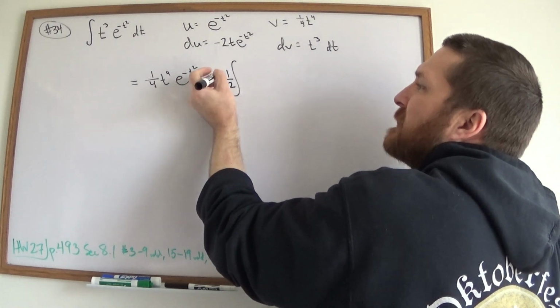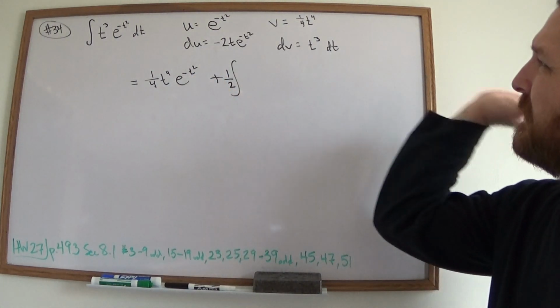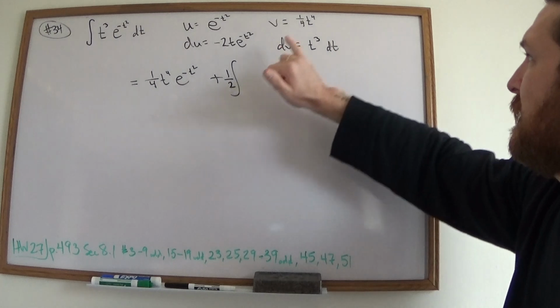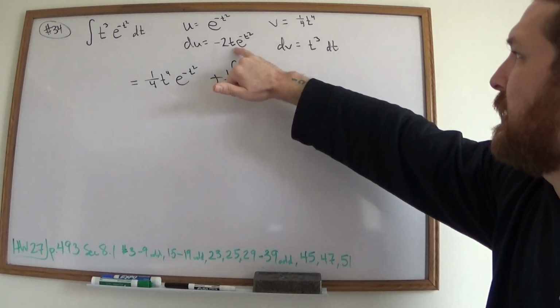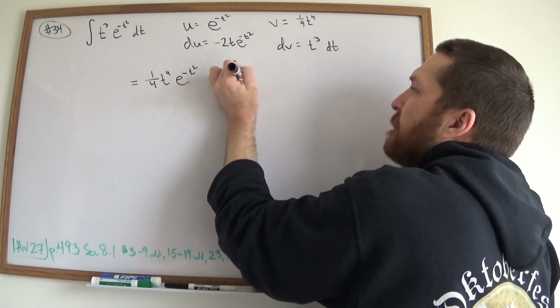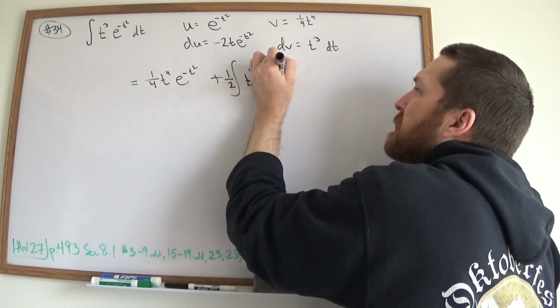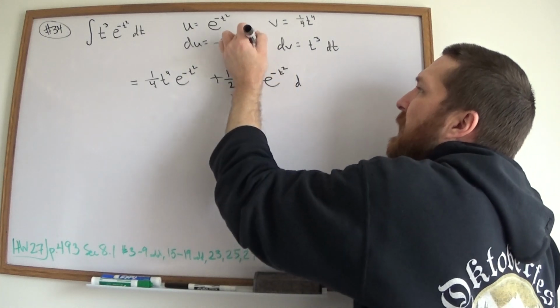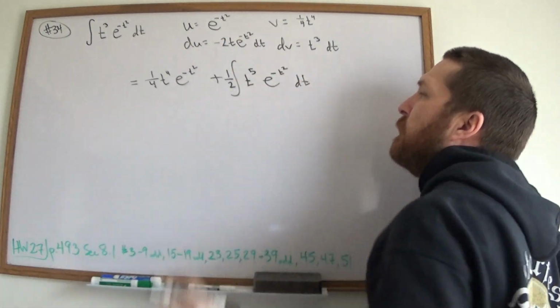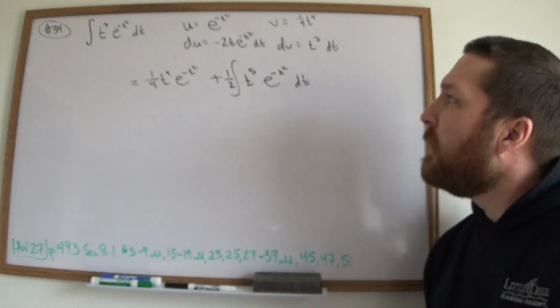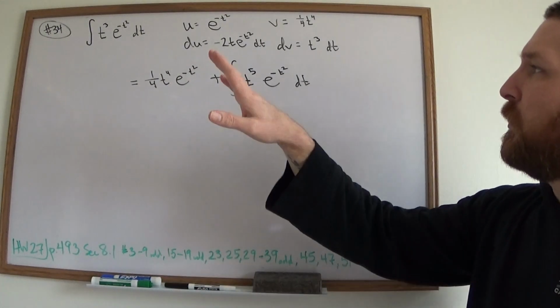The negative makes this positive. So you see, I'm taking care of my constants first. Now we have a t to the 4th and a t, so that's t to the 5th. e to the minus t squared dt. I didn't write my dt. Bad form, Justin, bad.